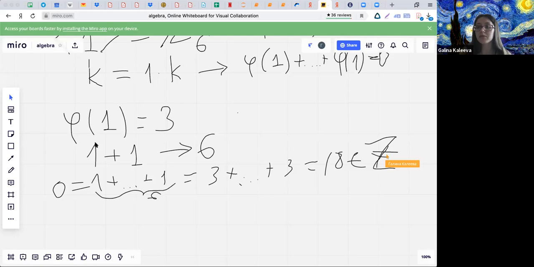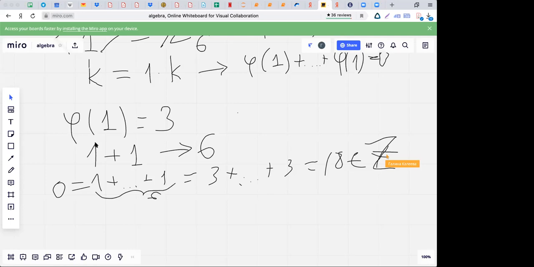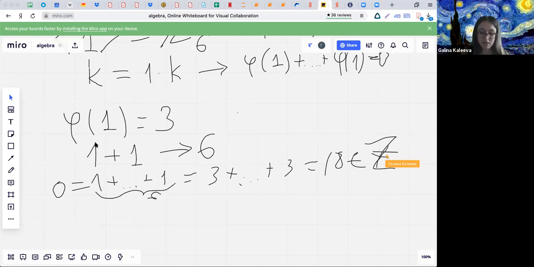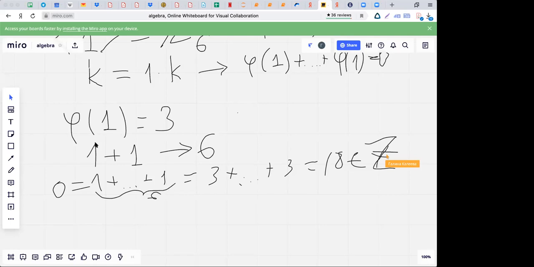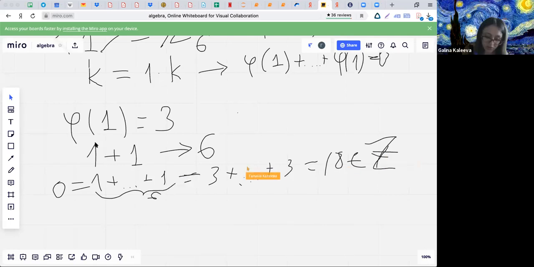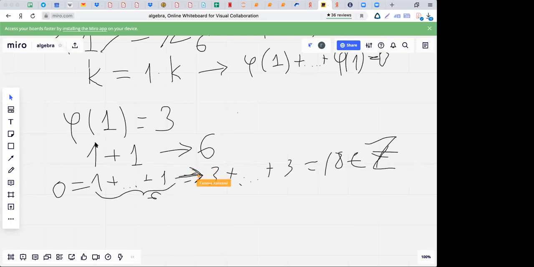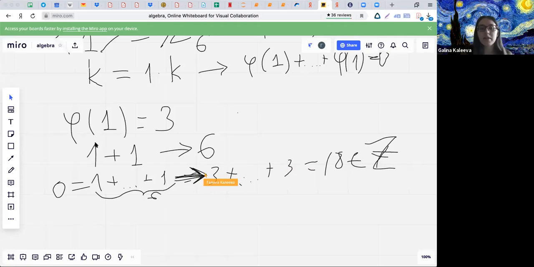The neutral element goes to a neutral element. And here I see that the image of the neutral element is not neutral, okay? So here I have an arrow, not an equality sign, but an arrow. You see that I cannot construct a non-trivial homomorphism.